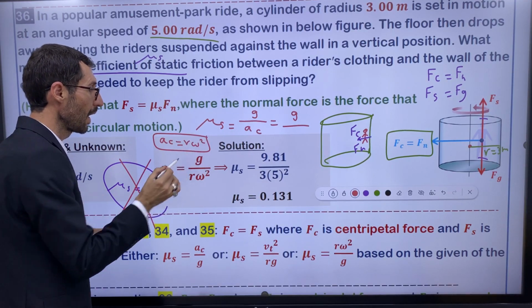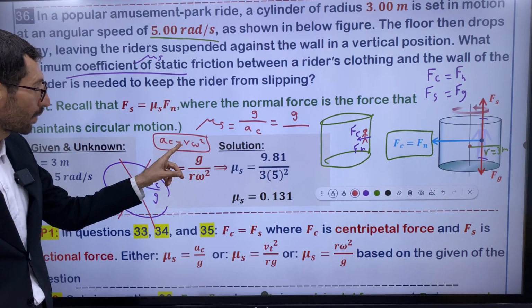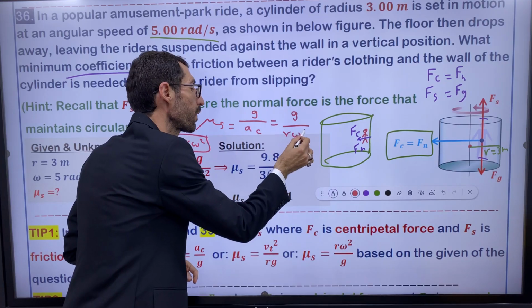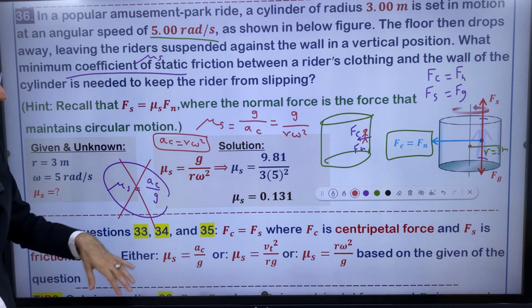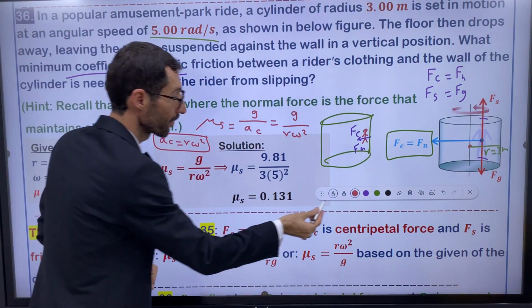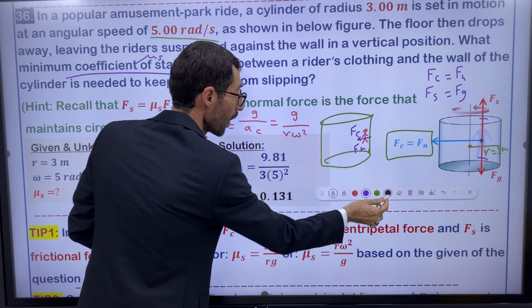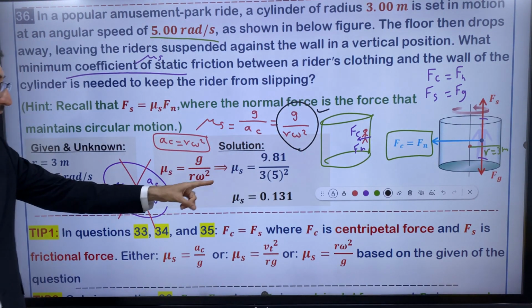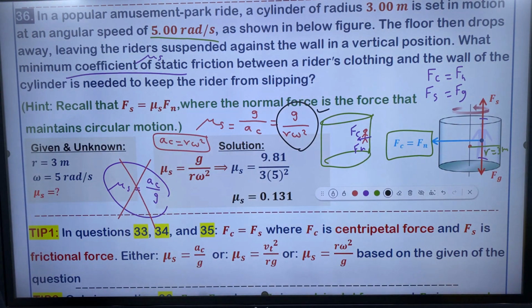If you substitute the value of AC here, you can use this rule for question 36. So this rule works here. I want you to memorize this rule. This one works for question 36: G over R omega squared.